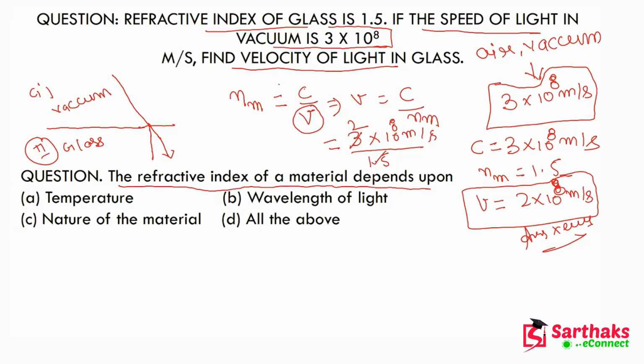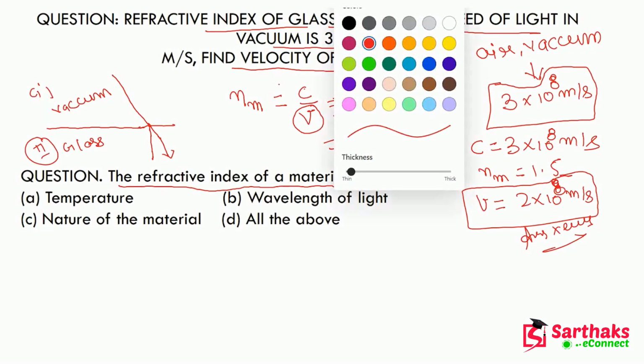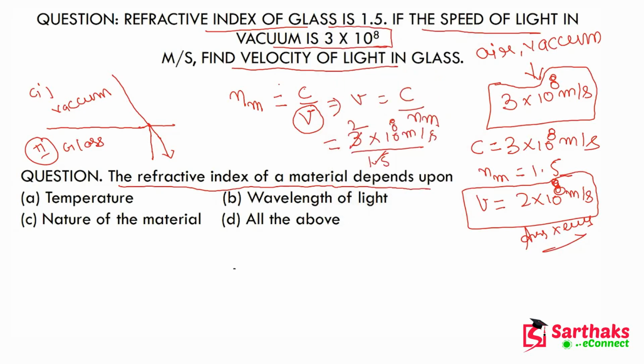The answer of this question is D, because the refractive index of a material depends on all these quantities: temperature, wavelength, and the nature of the material. So the answer here is all of the above.